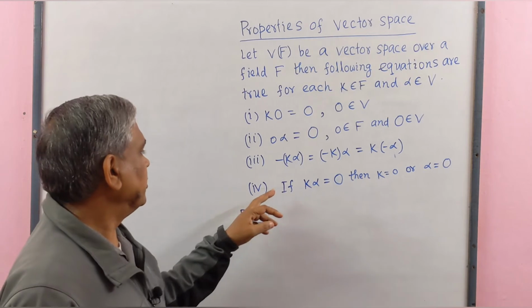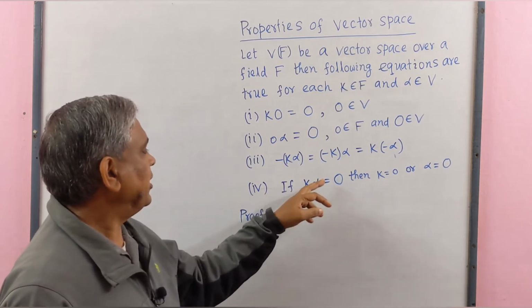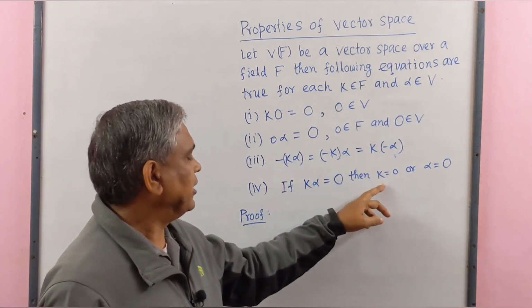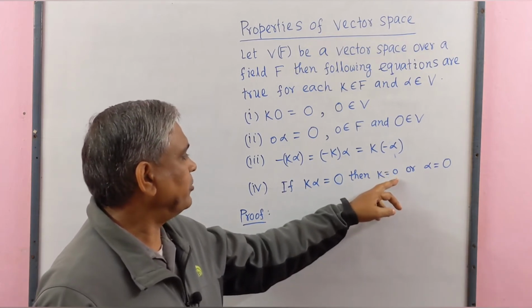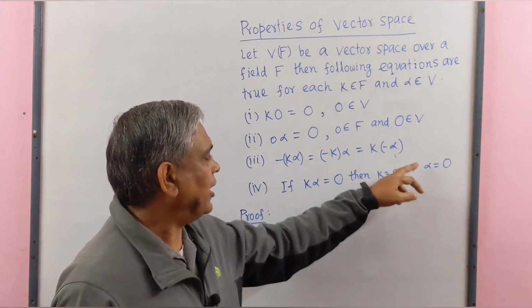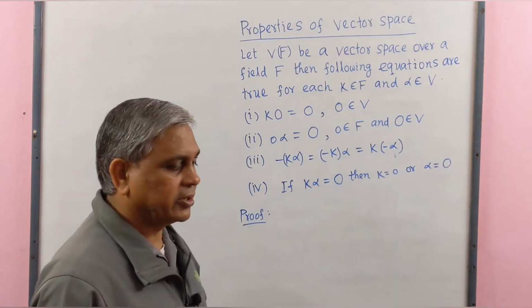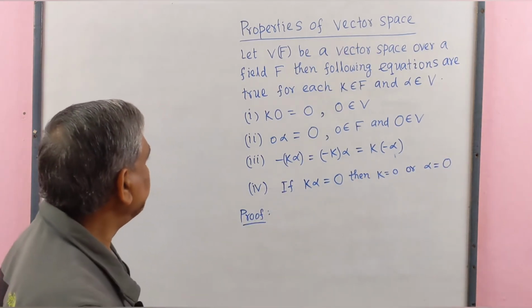Number 4: if k alpha equals 0, then k equals 0, meaning the 0 of the field, or alpha equals 0 vector. Now we prove this.